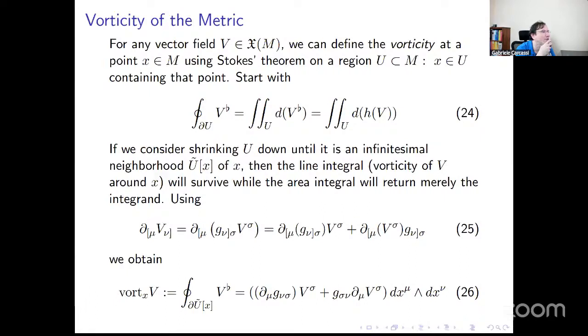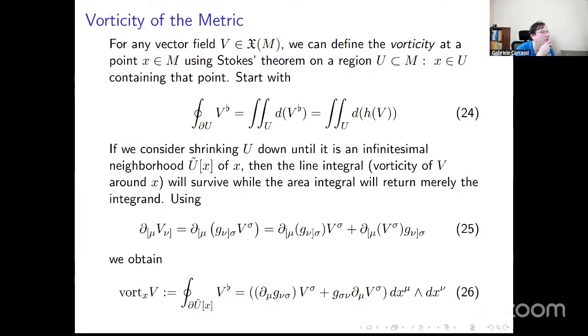So the one form that you're integrating is V contracted with G. And then on the other side, you're going around, so you're basically taking the V component along the path. That's what you're integrating over, around an infinitesimal loop around the point.